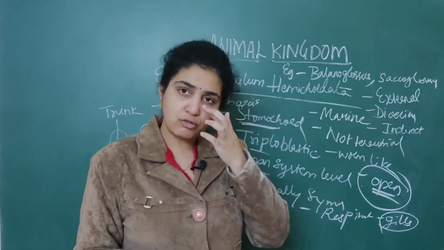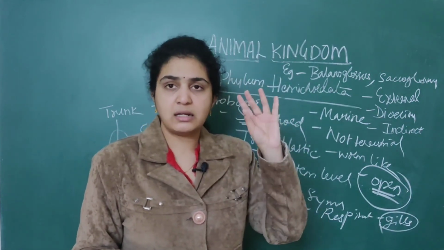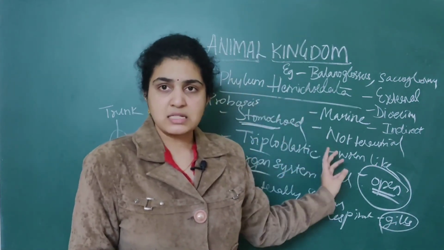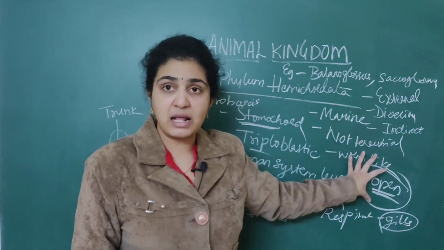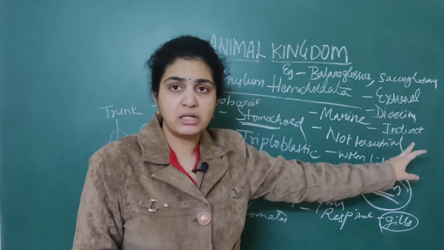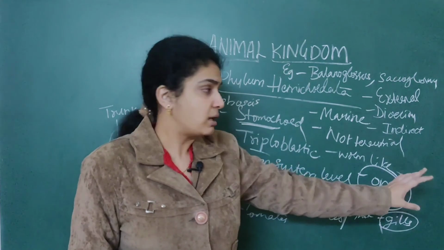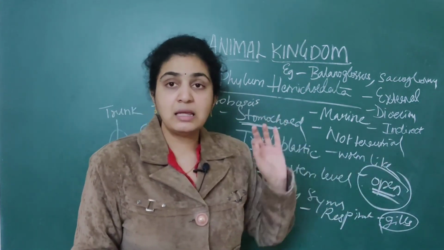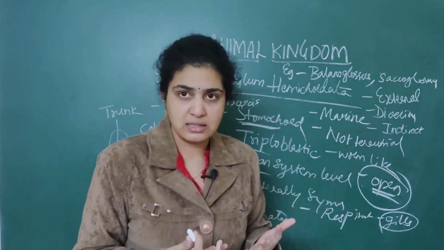Then the respiratory, excretory and vascular systems. As these are marine and worm like, important NEET question, they exhibit gills. Respiratory organs are gills.